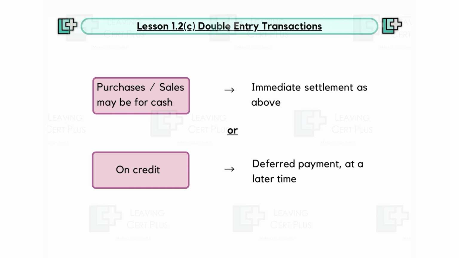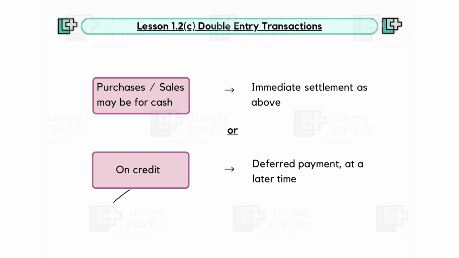All right, so far we have been dealing with payments of an expense, with purchases on credit and sales on credit. Now, when we do cash transactions, you can have purchases for cash, you can have sales for cash. That's immediate settlement. What we have been doing were the ones on credit.